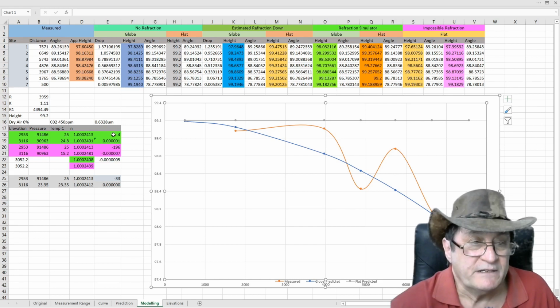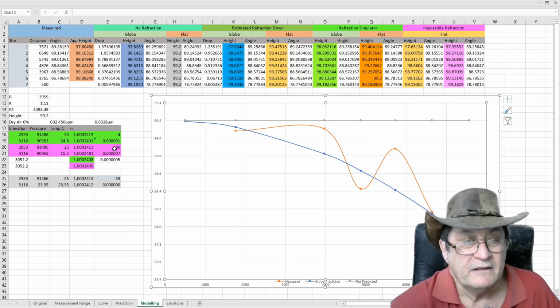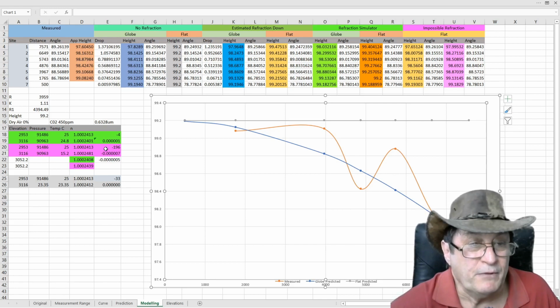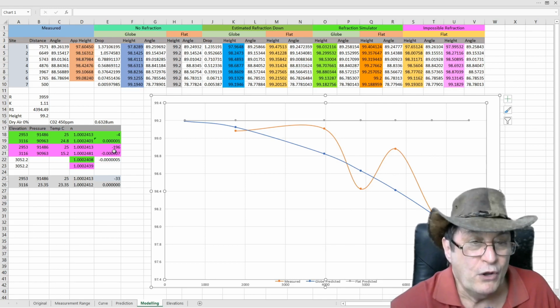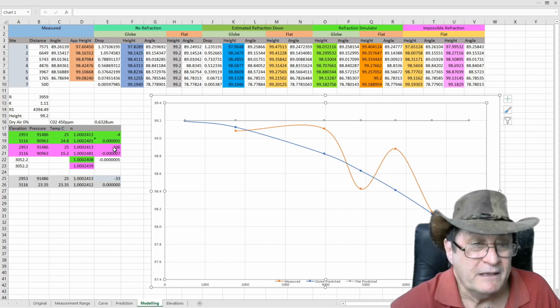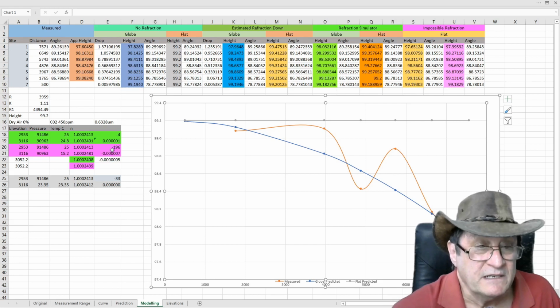That's the lapse rate. The lapse rate required for this purple band here is -196 degrees centigrade per kilometre.